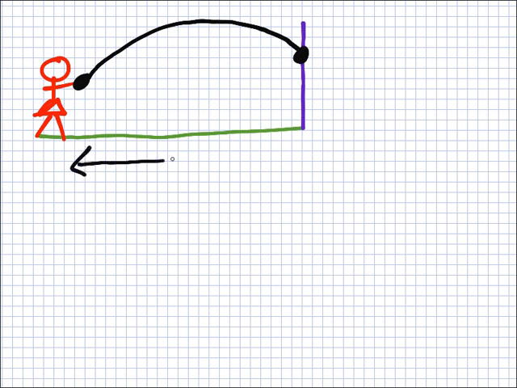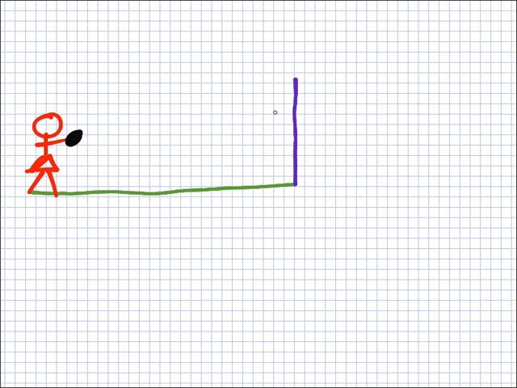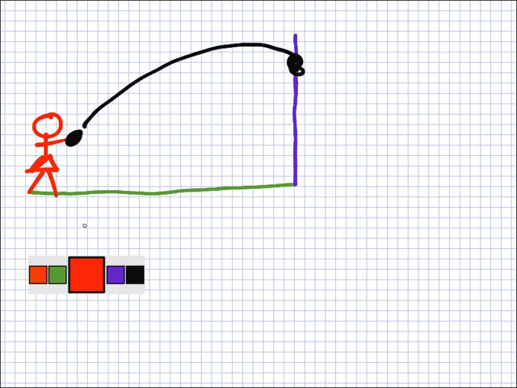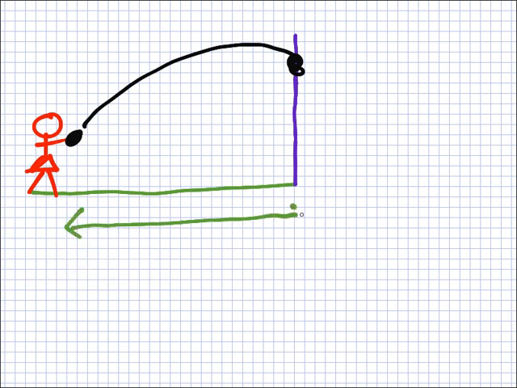This distance here, let me just draw it again, but maybe I'll have it just go a little bit higher. That is, what did I say? 25 meters.